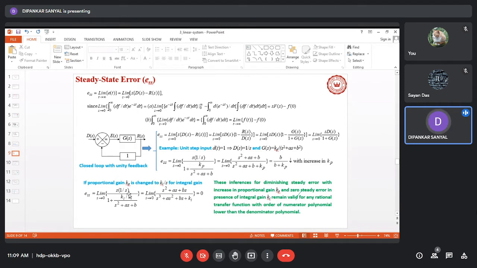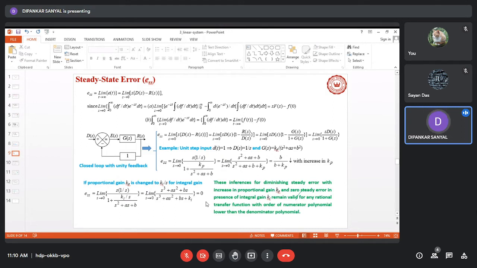Everything is same, instead of kp we have put ki by s, and the resulting equation has become like this, and we clearly see that the steady state error is going to 0.